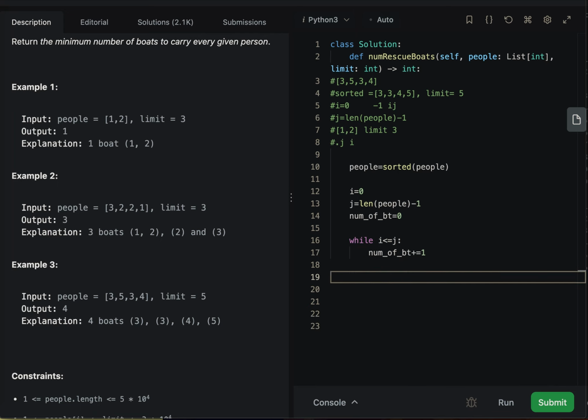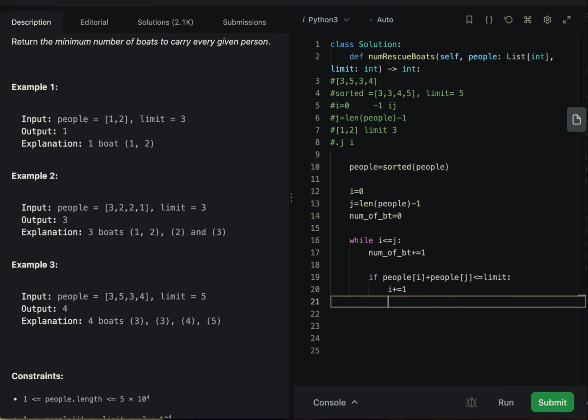And then we check, do I need to increment i as well? So if people of i plus people of j is less than or equal to limit, that's when I'm going to increment i as well. So in that boat, two people can go, i equals i plus 1, right?